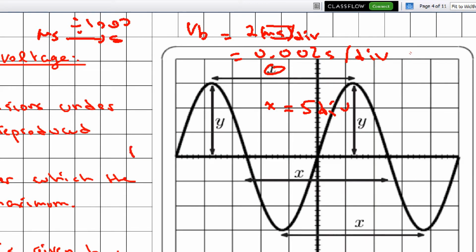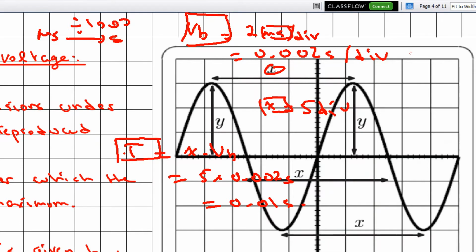Then the period T is given by X multiplied by VB, which is equal to 5 multiplied by 0.002 seconds, which is equal to 0.01 seconds. Okay, so knowing the value of X that can be determined from the waveform and VB is given, one can directly determine the value of the period T.